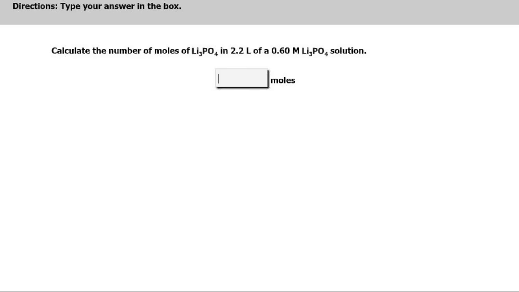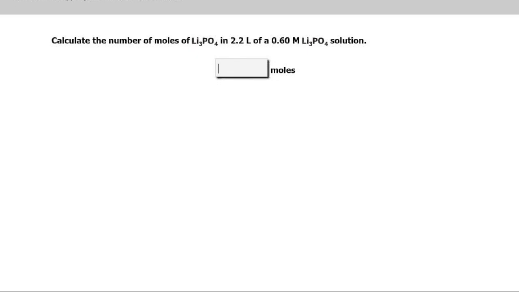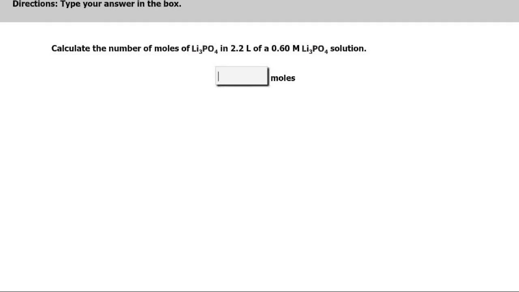This one asks, calculate the number of moles of lithium phosphate in 2.2 liters of a 0.60 molar solution of lithium phosphate. This is another molarity problem. Molarity is an important concept.